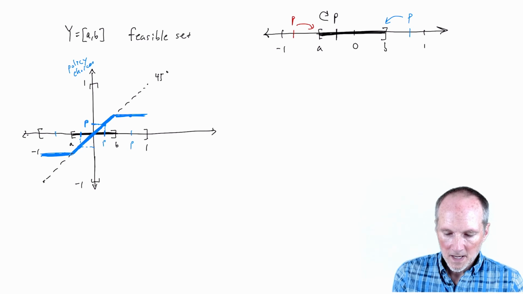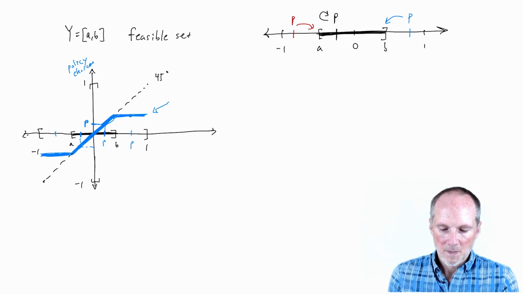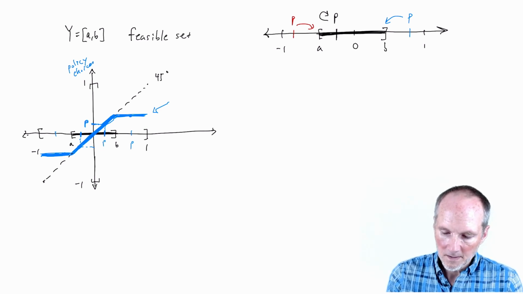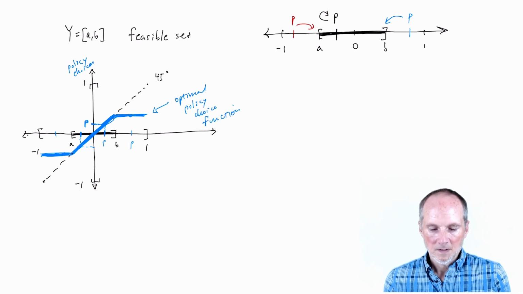And so the optimal policy choice function is this heavy blue piecewise linear function here. So this is the optimal.